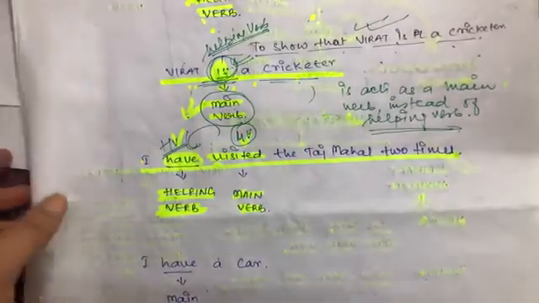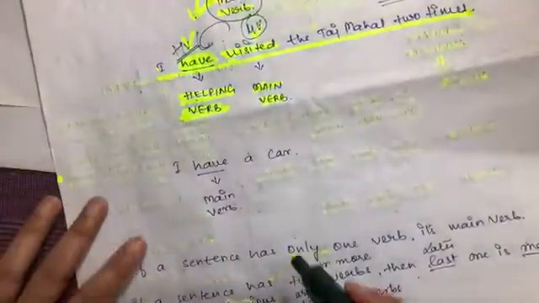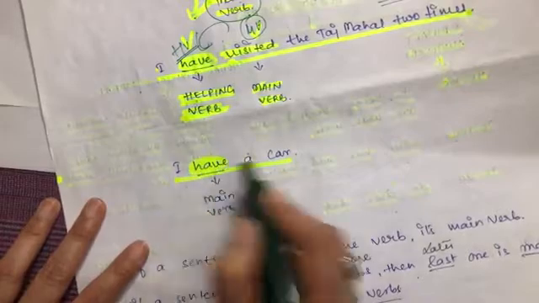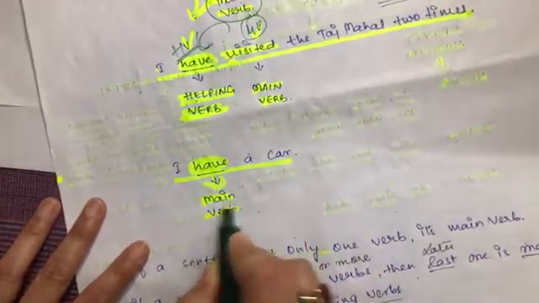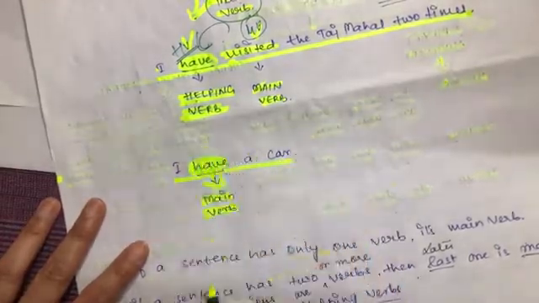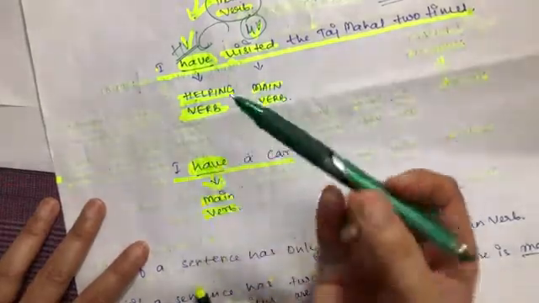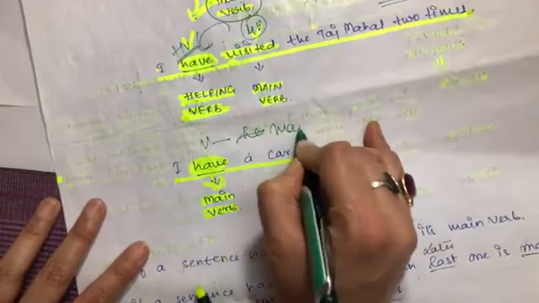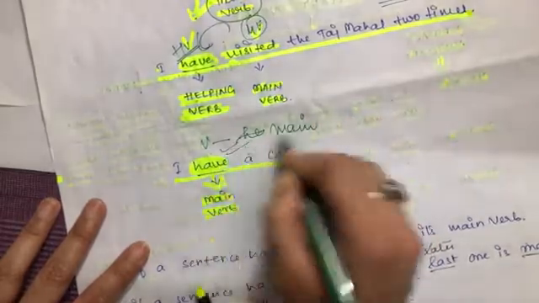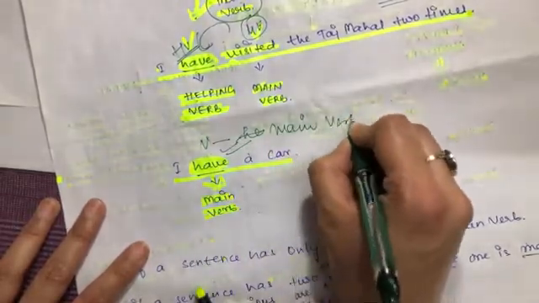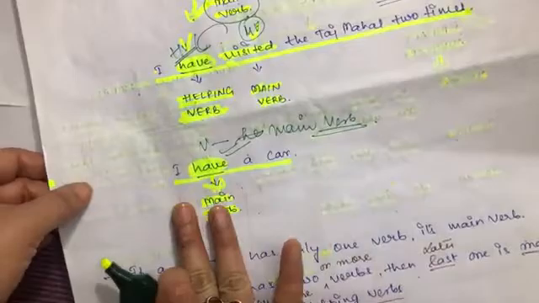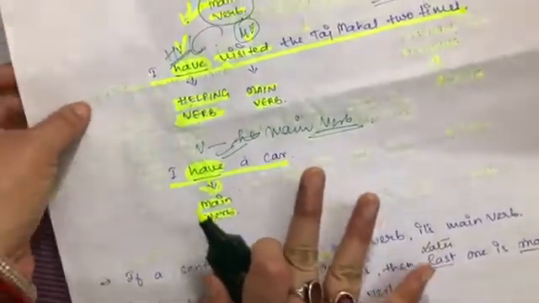If suppose I take up another example, I say, I have a car. Here have is the main verb because we have only one verb, and this verb acts as a main verb. There is no helping verb. There is only one verb and this have acts as a main verb.